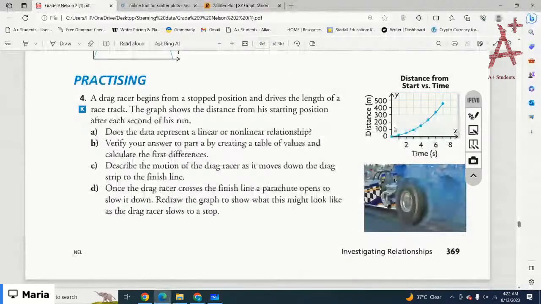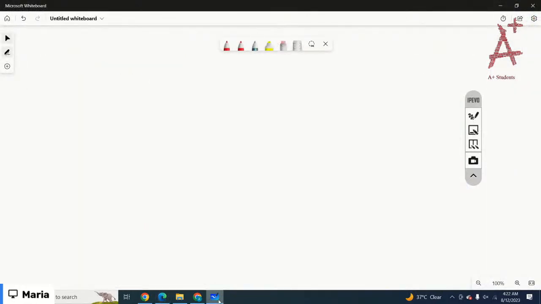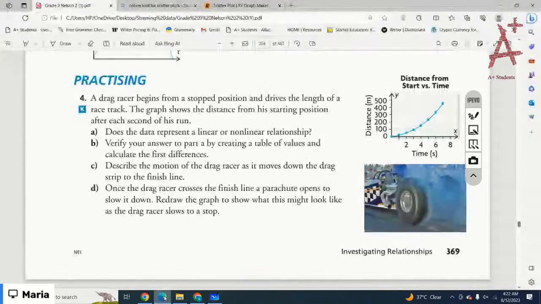For 0 it is 0, for 1 it is 10. I assume the values because the exact values are not given. If you have time 1, the distance is 20.